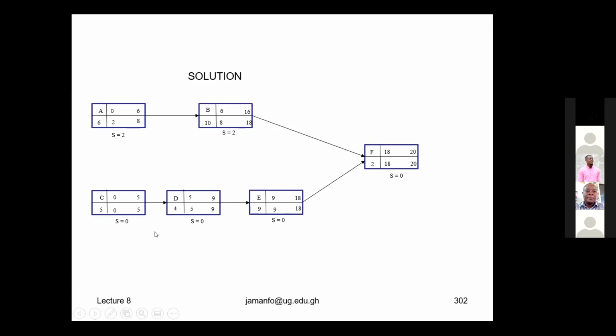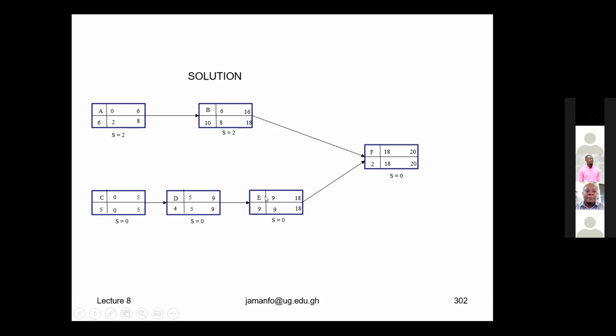Now let's quickly do this. What is the duration? C is a critical activity, correct? Because slack is equal to 0. What is the duration of C? 5 days. D is a critical activity, correct? What's the duration of D? 4. So 4 plus 5 is what? 9.